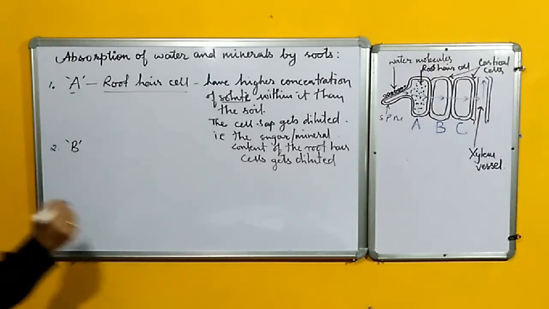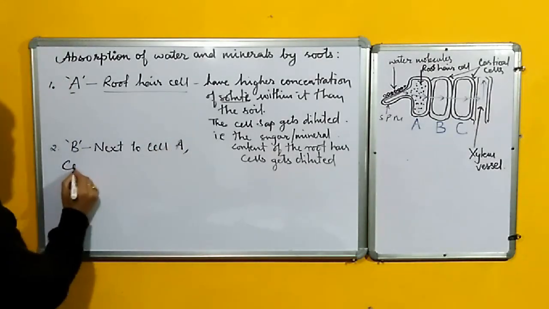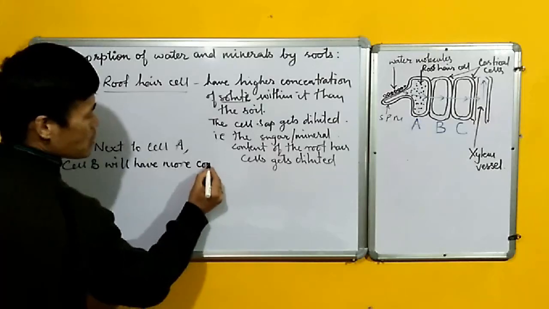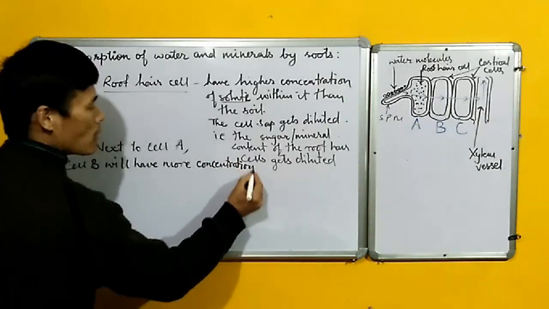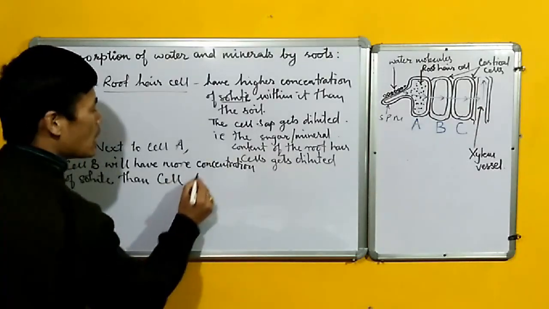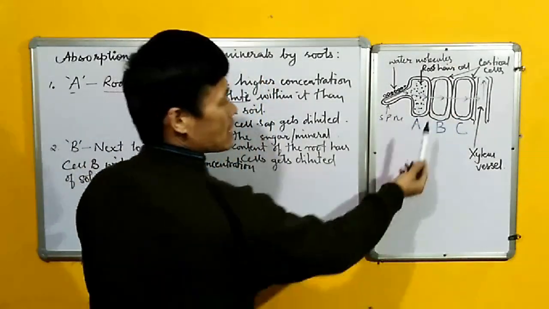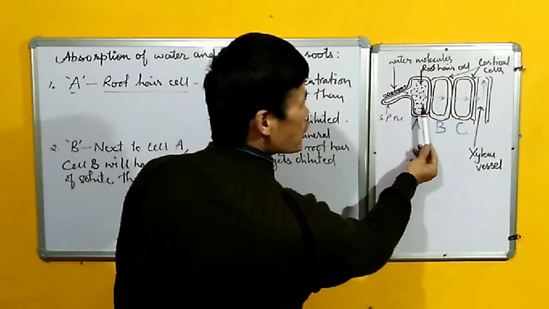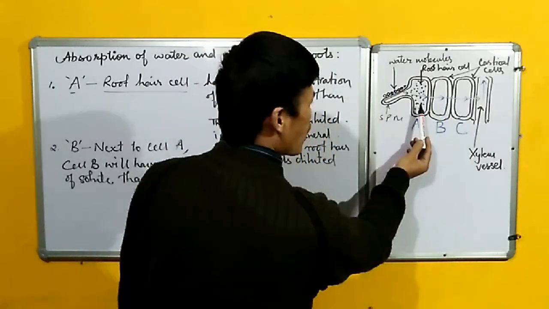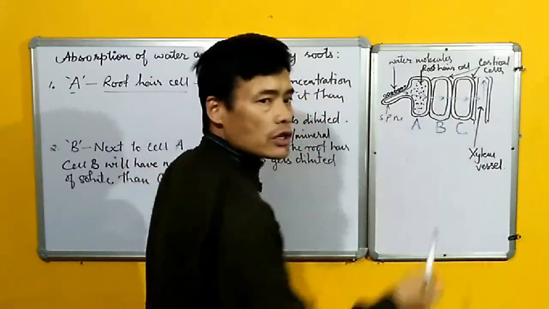So, number 2, what happens? In case of the cell B, which is next to cell A, cell B will have more concentration of solute than cell A. Once again, since cell B is having more concentration of solute than cell A, and the two cells are separated by, once again, a semi-permeable membrane, water will have to move from a solution having lower solute concentration into a solution having higher solute concentration.